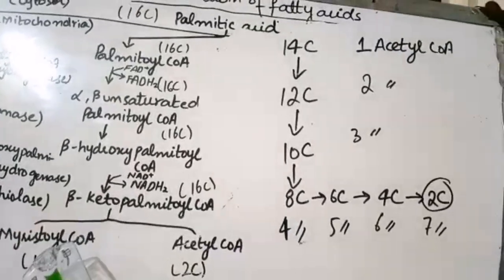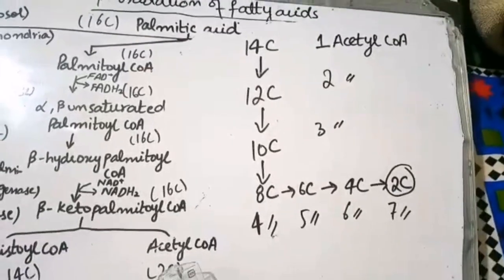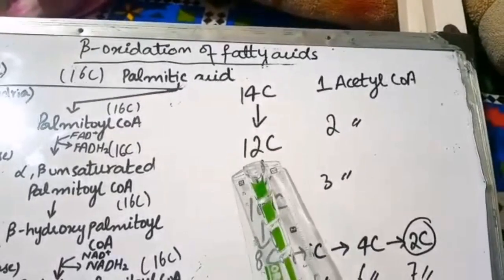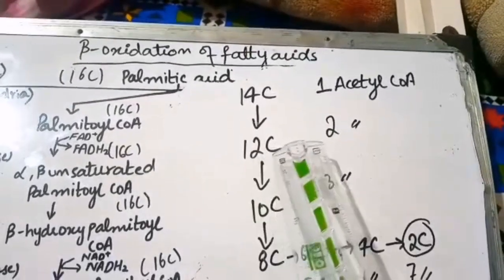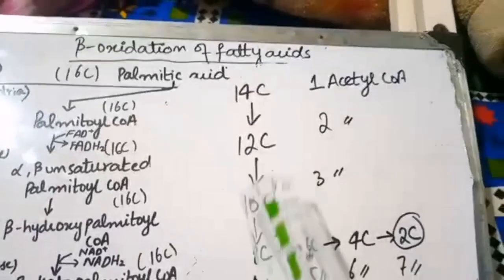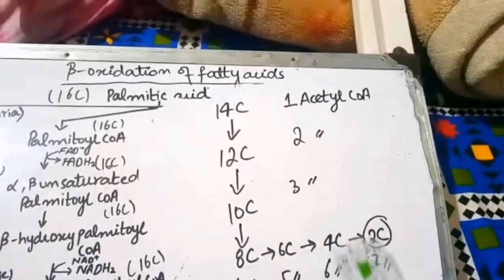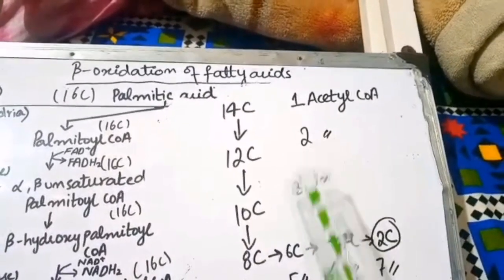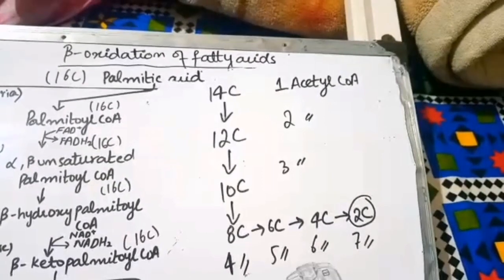Okay, so let's see how many total acetyl coenzyme A we get. First of all, we get the 14 carbon compound, that is myristoyl coenzyme A, and we get 1 acetyl coenzyme A here. Then this 14 carbon compound is converted into a 12 carbon compound, and now the total acetyl coenzyme A will be 2. Then this 12 carbon compound changes into 10, 8, 6, 4 and 2, and we get first acetyl coenzyme A, second, third, fourth, fifth, sixth and 7.